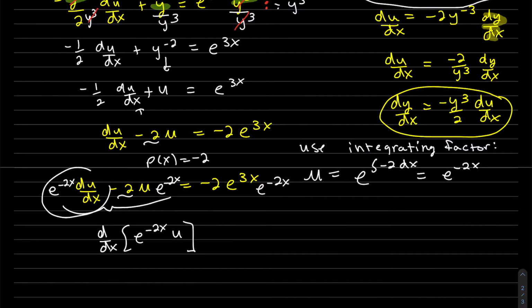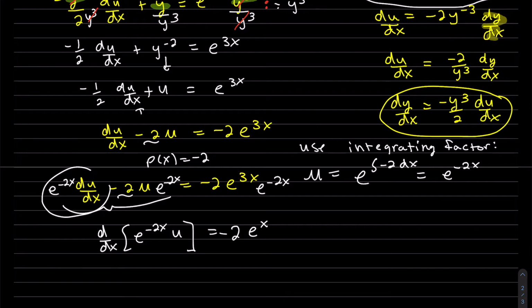So I look at this, and on the right side, let's check our product rule here. There's our u's.